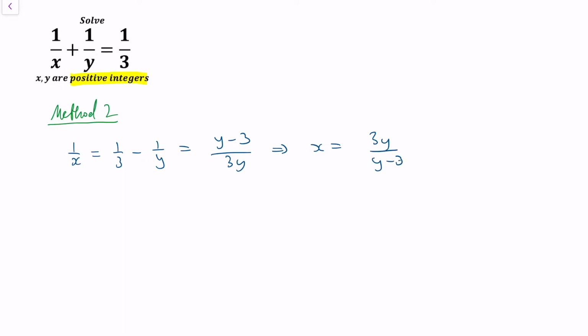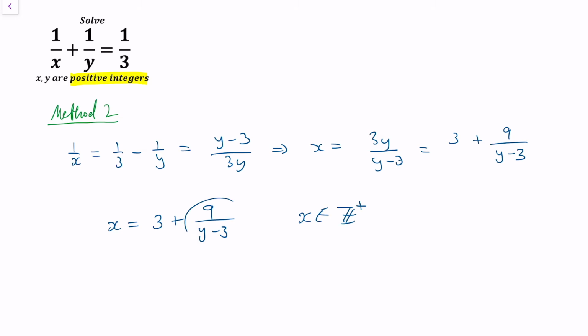And that could be written as 3 plus 9 over y minus 3, because that will give you 3y minus 9 plus 9 over there, so it's the same thing. So x is equal to 3 plus 9 over y minus 3. Now we know x is a positive integer, so that means this here must be an integer as well.